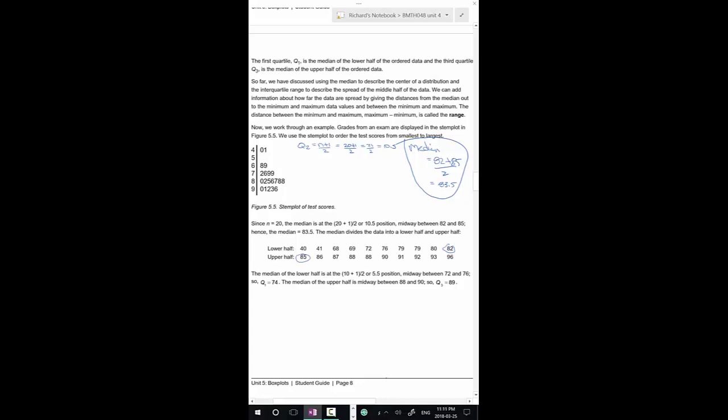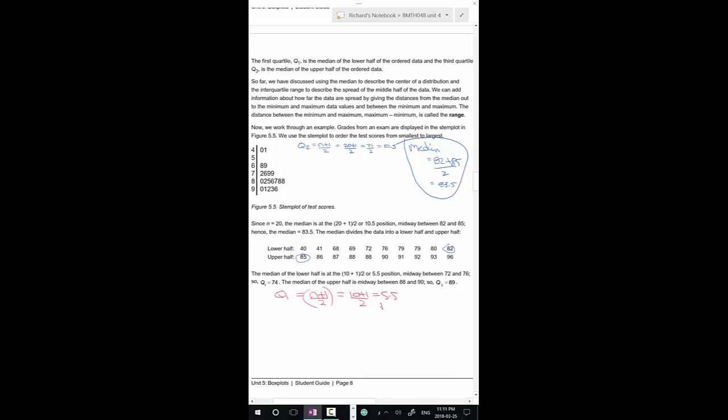To find the position of, say, Q1, the first quartile, I'm going to look at the lower half of the data. Now, when I separated the data into two halves, the lower half has 10 terms, so the location of Q1 will be (n + 1)/2, which is going to work out to be (10 + 1)/2, which is 5.5.